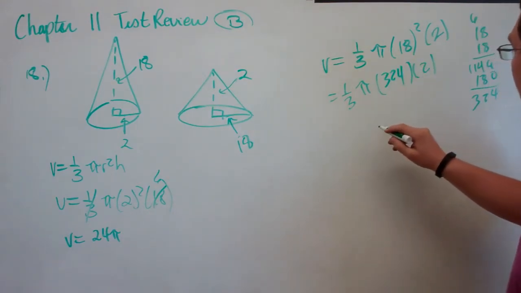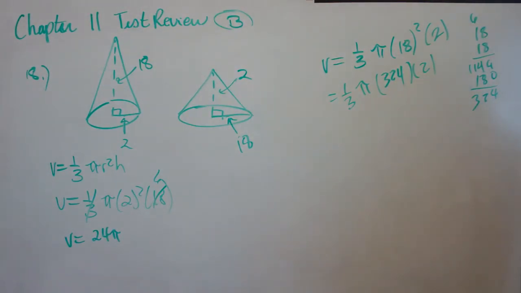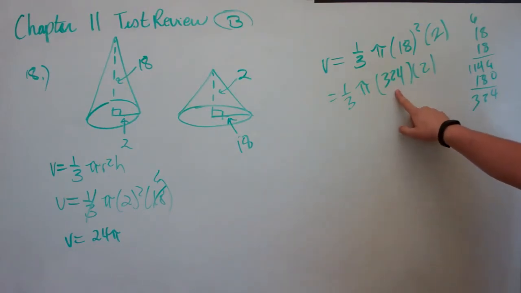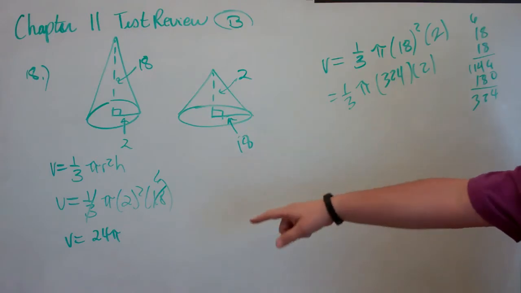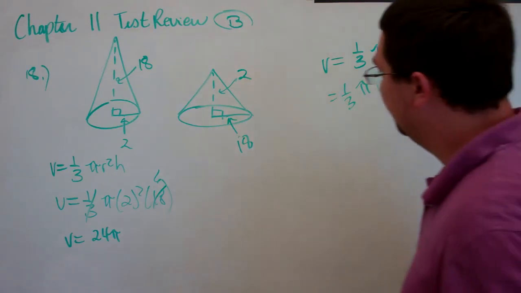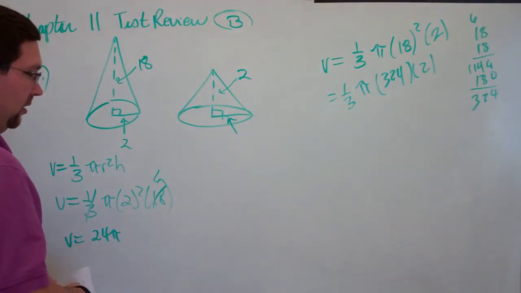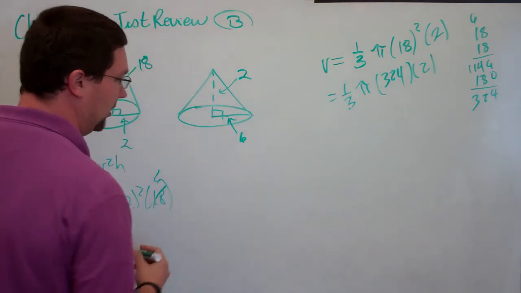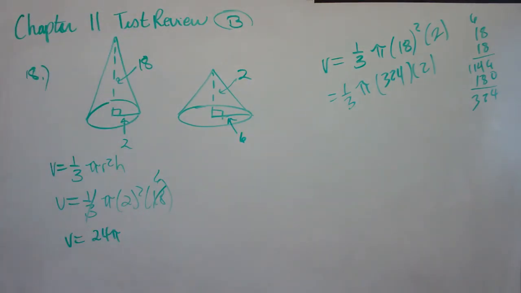Hope I did that right. I did it quick. So as you can see here, when you times this by 2, this is going to be 648. Divide that by 3, you are not going to get 24. Alright? So, remember, again, since you're squaring, the radius only has to be 3 times larger to make up the difference.